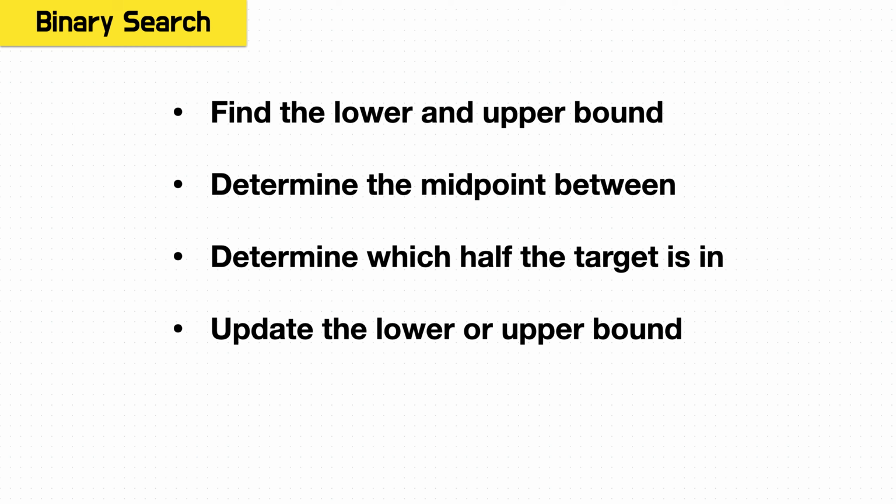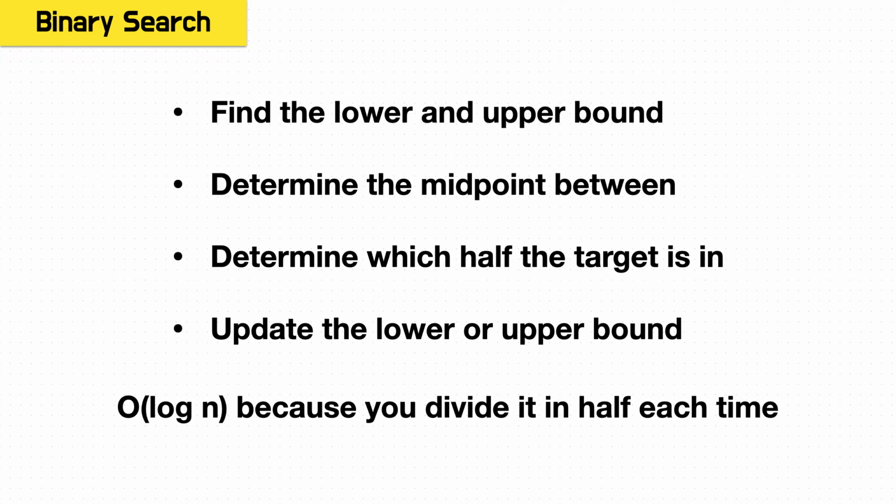Then whichever direction you move, and whichever half you eliminate, you can either move up the lower bound or down the upper bound. Because we're dividing the array in half each time, this is where we get that log n time. We just repeatedly divide by 2 over and over and over until we find that item. And that's why binary search is so fast.